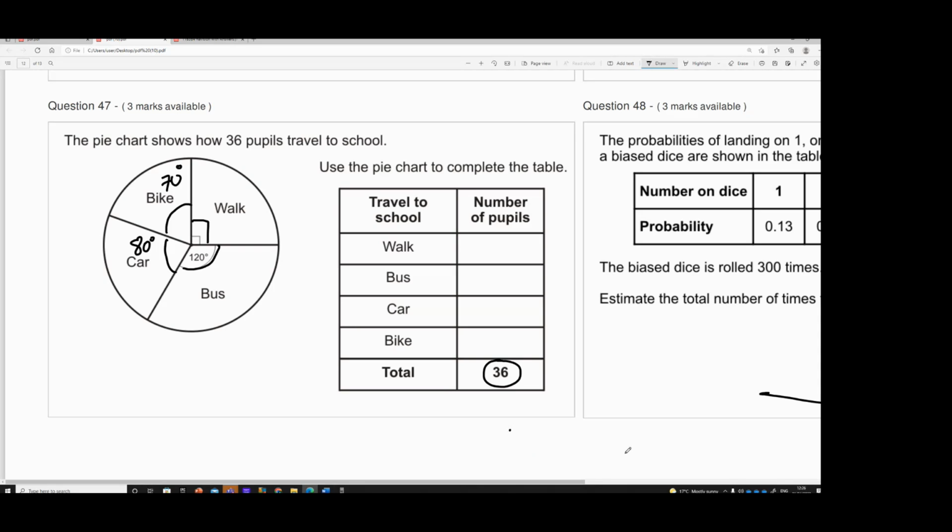So if I added up all the angles in a pie chart, what would that get me? Well, that should get me 360 degrees. So what I can say is 360 degrees is going to be 36 pupils.